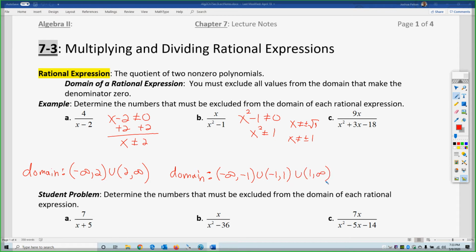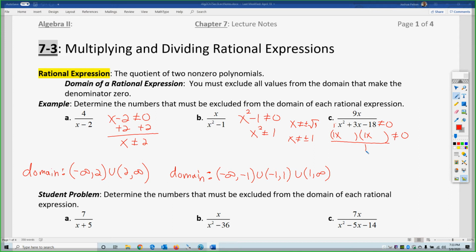And lastly, the denominator of this one, x squared plus 3x minus 18, cannot equal 0. There's a factor of 1 there, so that's 1x, all divided by 1, and negative 18. Let's break up negative 18.